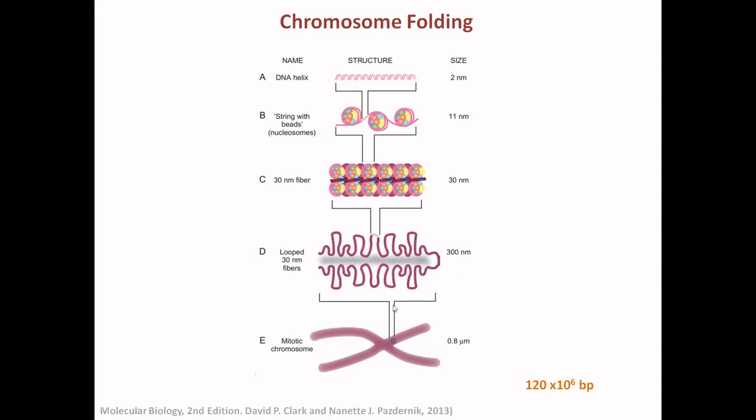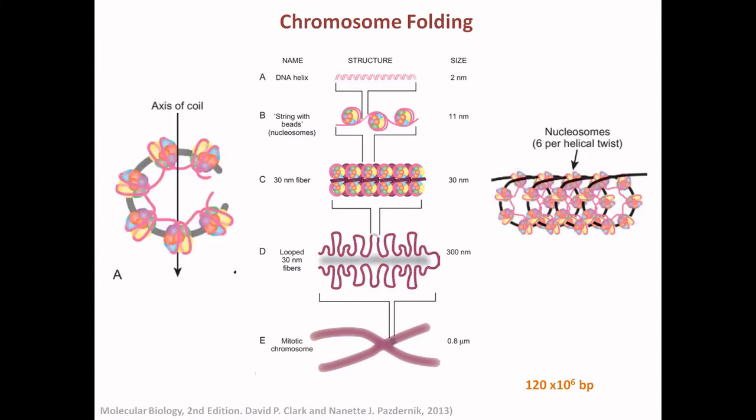It further organizes itself into a 0.8 micron mitotic chromosome. In this 30 nanometer fiber, there are 6 nucleosomes arranged around an axis. It looks like one turn with 6 nucleosomes, like a solenoid.